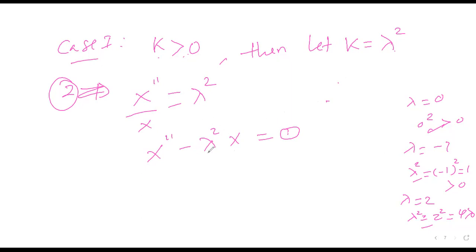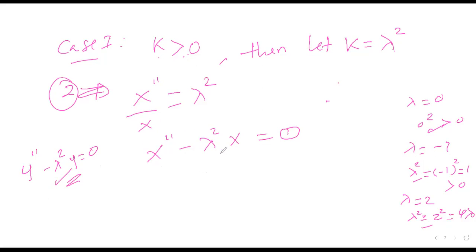You are very familiar with this in one of your courses which is going on in parallel. Something like y double dash minus lambda squared y is equal to 0. Yes, ODE, isn't it? Second order linear ODE. You know how to solve this one now? So how to solve this?